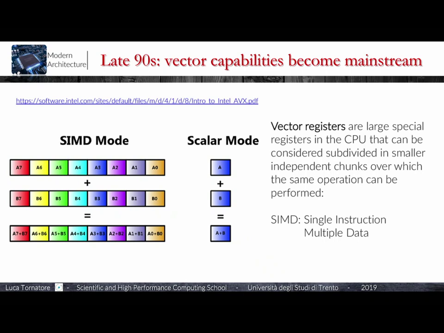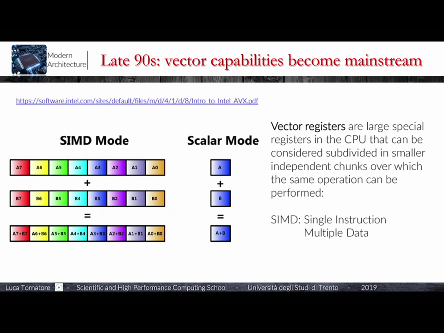Vector registers were introduced late in the 90s. They were the famous MMX extension of Intel. They were mostly about integer operations because they were meant for graphics, basically. But then they evolved: there was SSE, SSE2, 3, 4, and now we have AVX, AVX2, and AVX-512. 512 means that each register is 512 bits large.